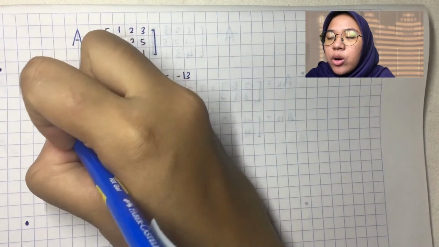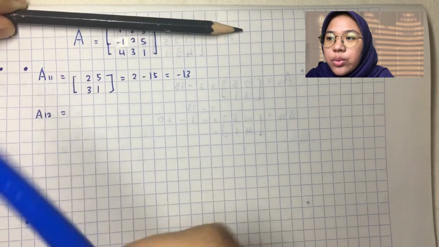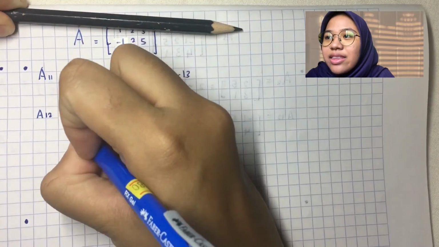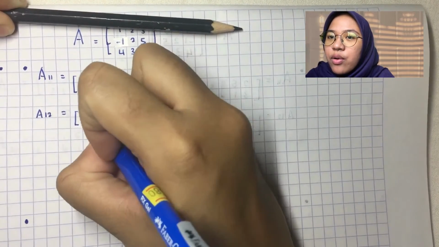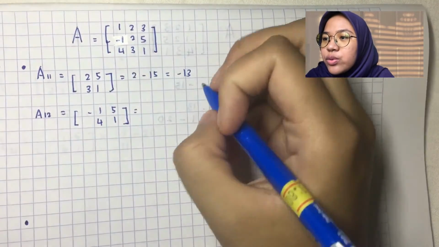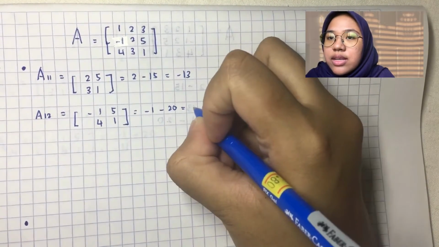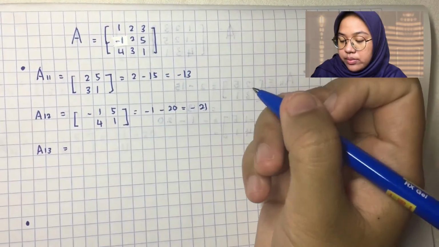Matrix A, row 1, column 2, cover row 1, cover column 2, and as you can see, -1, 4, 5, 1, equal to -1 minus 20, and the answer is -21.